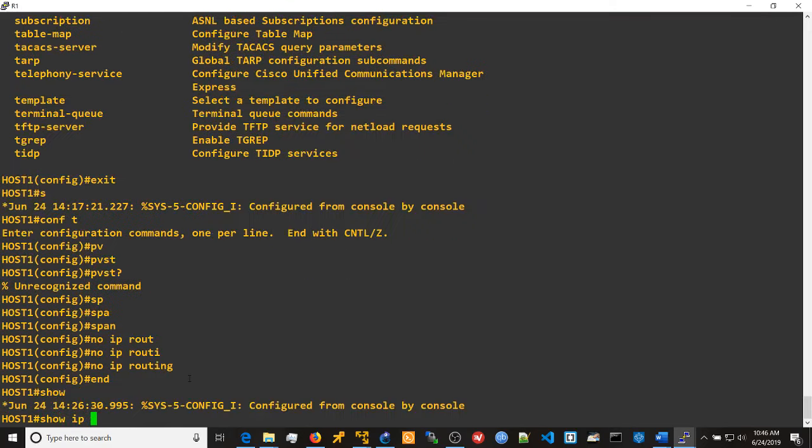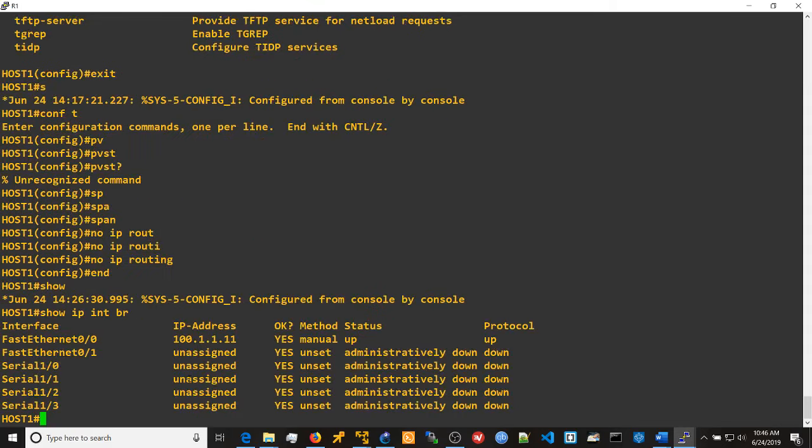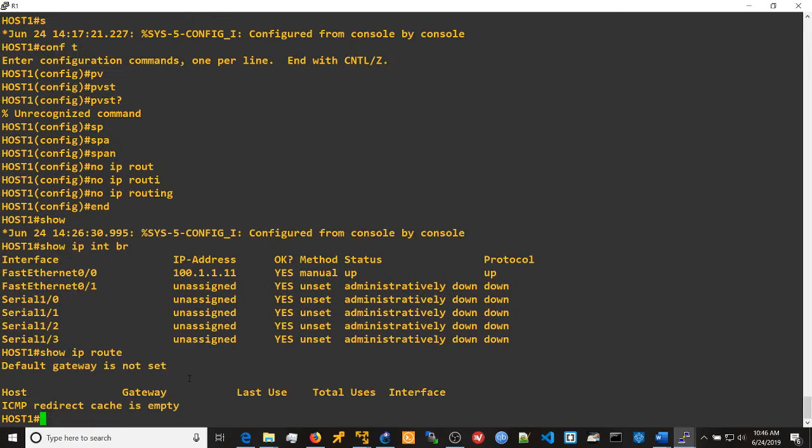Show IP interface brief. We got the IP address of 100.1.1.11. Let's show IP route. There is no routing table, so it's just a host.